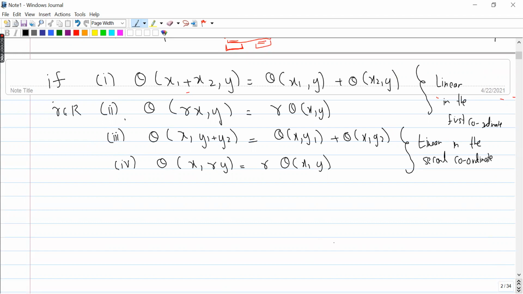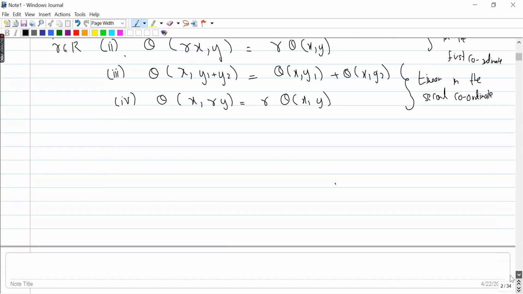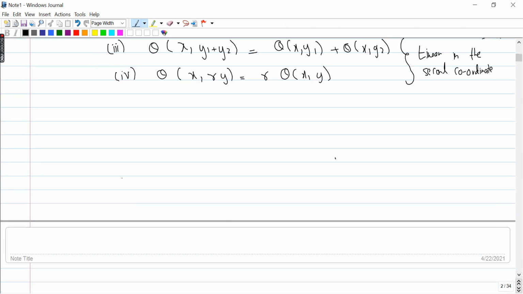So now, what is the point? Usually, if we have two R modules, M and N, and K is another R module, and here we have theta, which is a bilinear map.